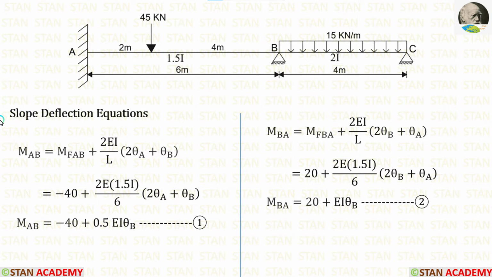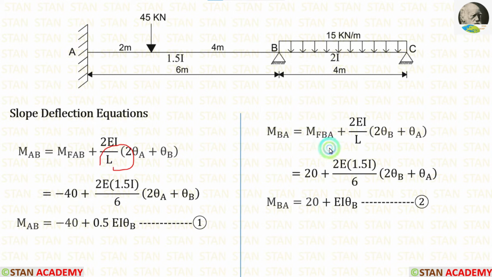Now let us make the slope deflection equations in the span AB. We already know for every span there will be two slope deflection equations. In the span AB, the moment of inertia is 1.5i. So instead of I, we have to apply 1.5i in both of the equations. We have already calculated the fixed end moments. We can apply them.